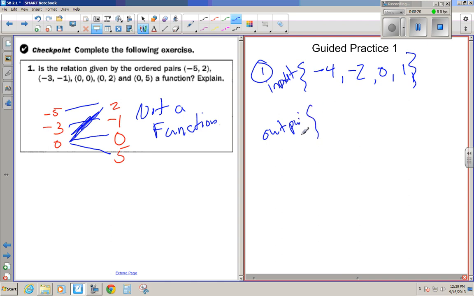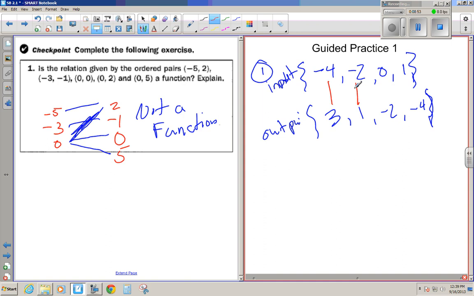Outputs: 3, 1, 3 repeats, negative 2, negative 4. So the question is, here are the inputs, there are the outputs. Is this a function? Well, negative 4 goes to 3.